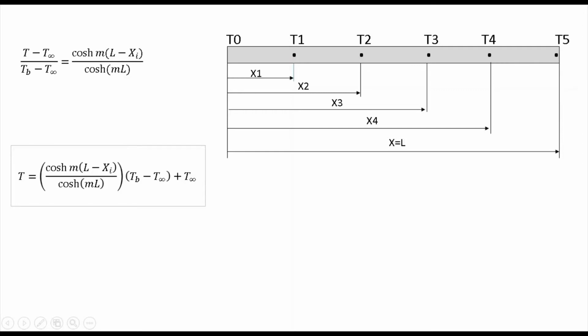So analytically you can calculate the temperature: T minus T ambient over base temperature minus the ambient temperature, which is equal to cosh of m into (L minus xi), where i is from 1 up to L, that is x1, x2, x3, over cosh of mL.